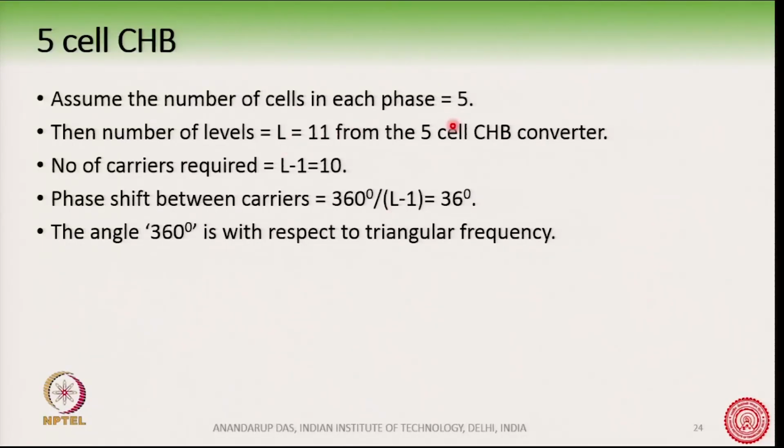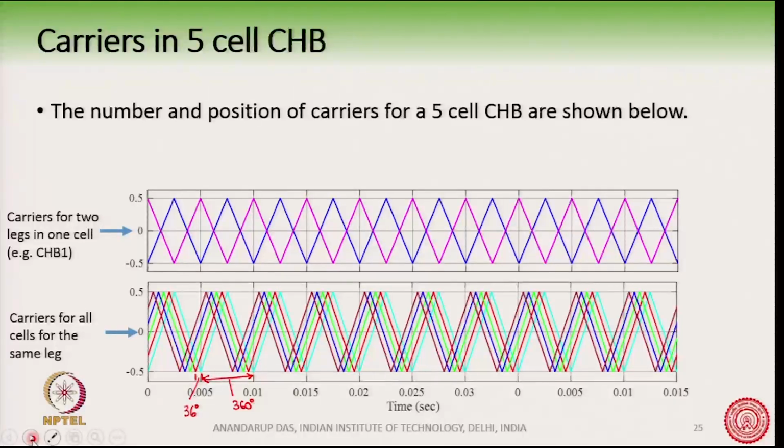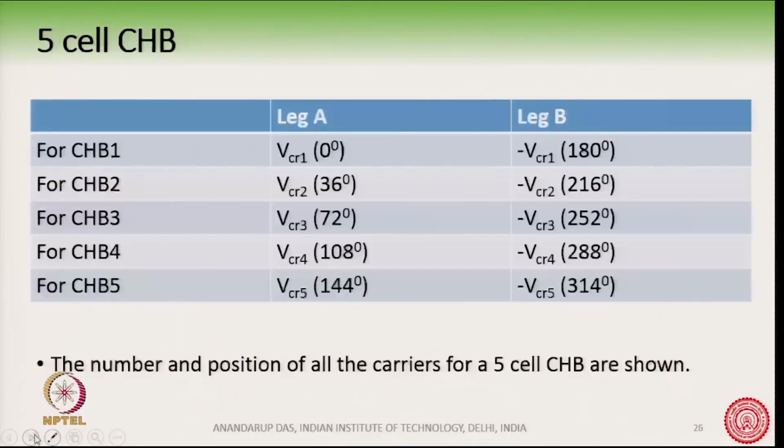So, for a 5 cell CHB, we need 10 carriers. This is because it is an 11 level converter, we will need 10 carriers, and the phase shift between carriers is always 360 degree divided by L minus 1, that is 36 degree. And these are the waveforms.